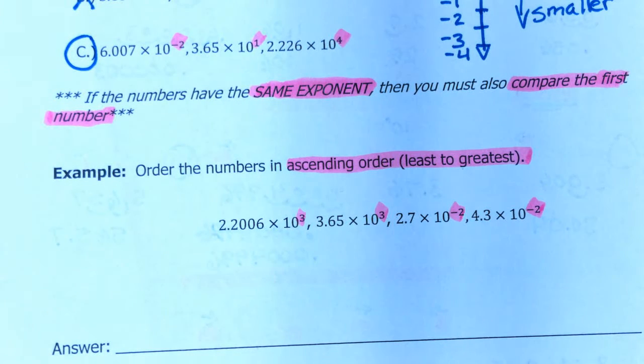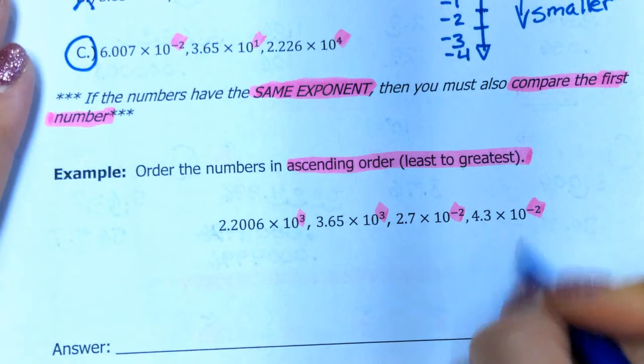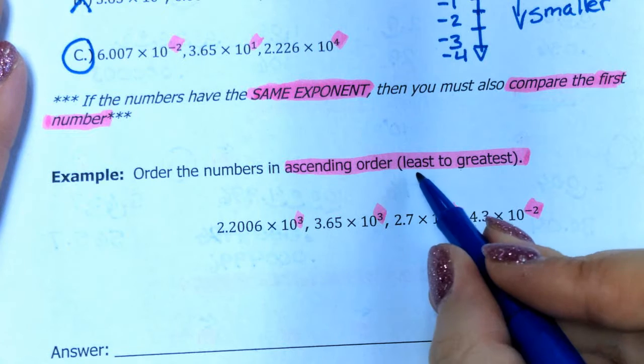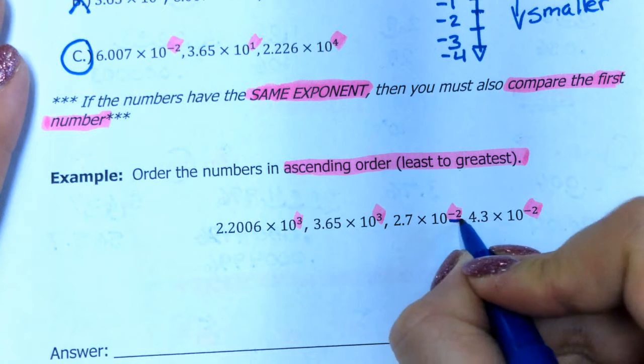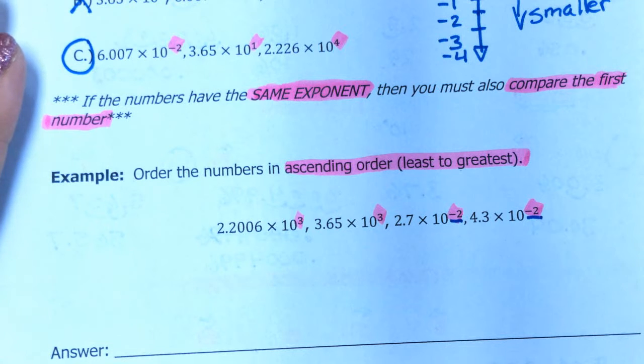Alright, I notice I've got 2 3's as exponents and 2 that are -2. So I know -2 is smaller than 3. So if I'm going least to greatest, I want to start with the smallest. So if I look here, I'm starting with the smallest. I'm looking at a -2 and a -2. So -2 and -2 are the same, right? Those are equal.